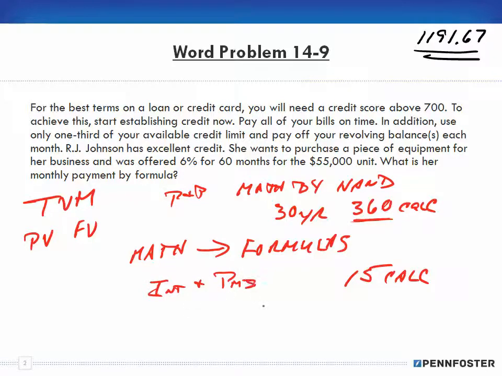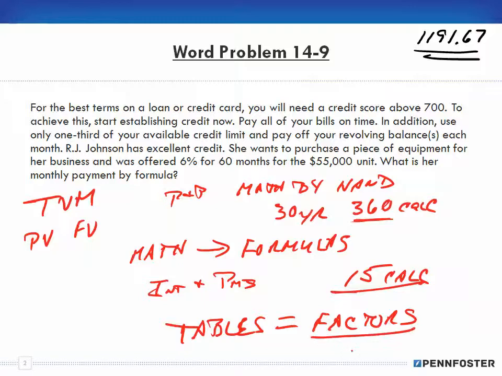And so they created the tables, which had factors. You all know this from the previous chapters, so that now instead of doing 15 calculations, if we use the factors, we only would have 2 or 3 calculations. Of course, we're a lot more efficient in that we get the work done more quickly, and we'd be a lot more accurate because we'd have less of an opportunity to make a mistake.